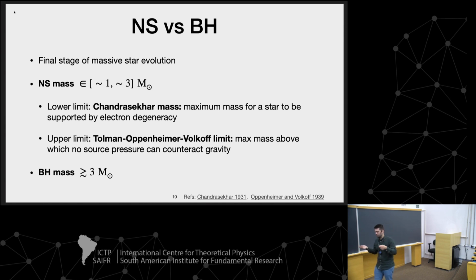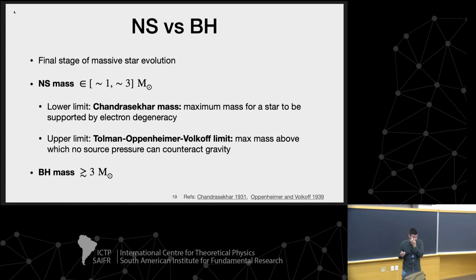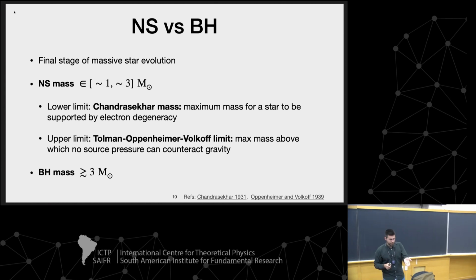We have neutron stars and black holes, as I told you. So neutron star mass is between 1 and 3 solar masses. You need your neutron star to be above the Chandrasekhar mass, which is the maximum mass supported by electron degeneracy. And you want your neutron star to be below the Tolman-Oppenheimer-Volkov limit, because if it is above, what you have is not a neutron star, but a black hole.